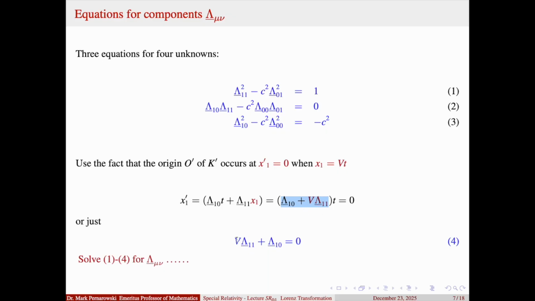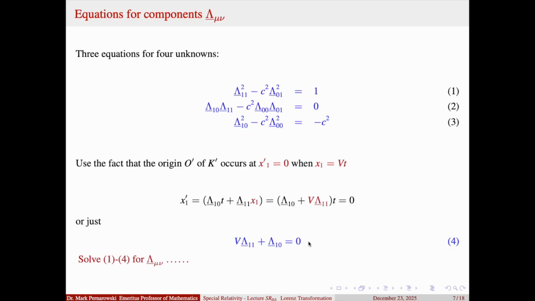So that gives us this fourth equation in blue down here at the bottom for the coefficients of the Lorentz matrix. So that means I've got 1, 2, 3, 4 blue equations for the 4 coefficients, the lambda ij's, and you go ahead and solve it.